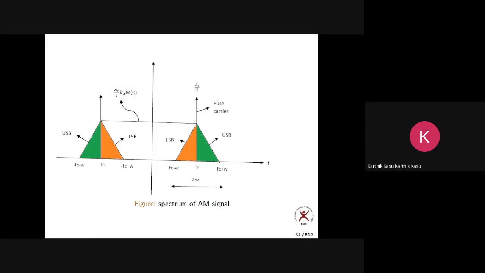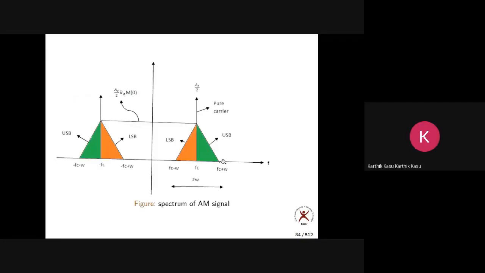Now we have to study the spectrum in detail. The spectrum has three important components. So let us study the three major components of the spectrum. We have a carrier component at FC. At FC, what do we have? An impulse.